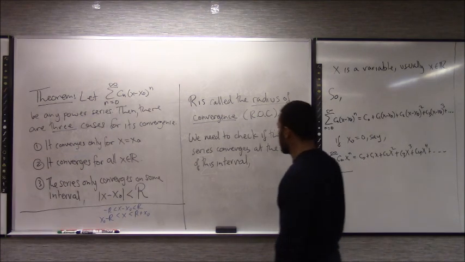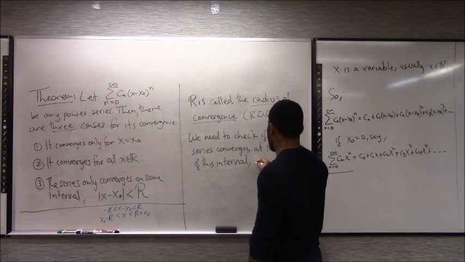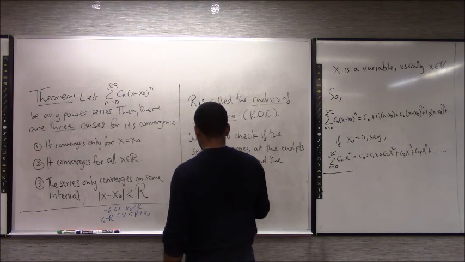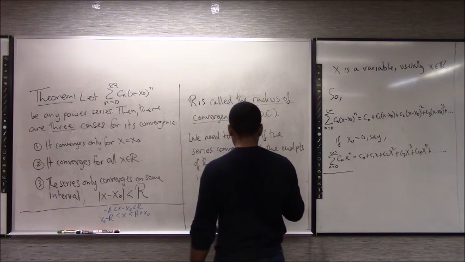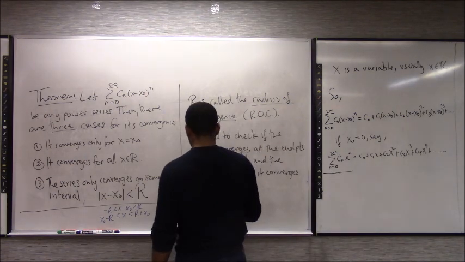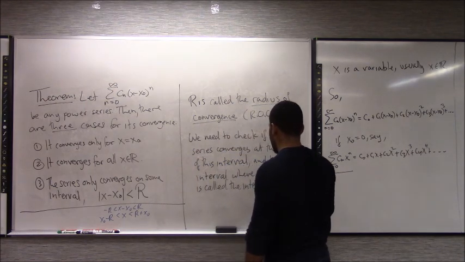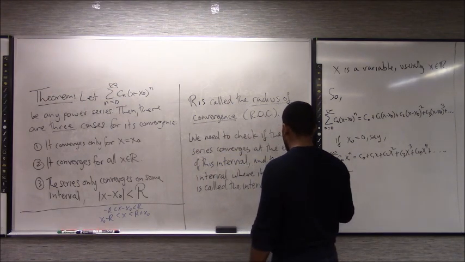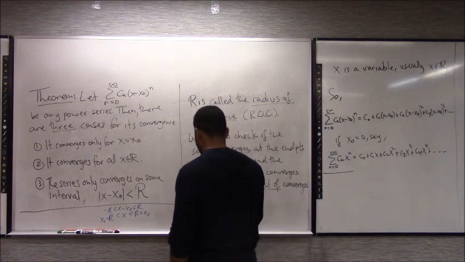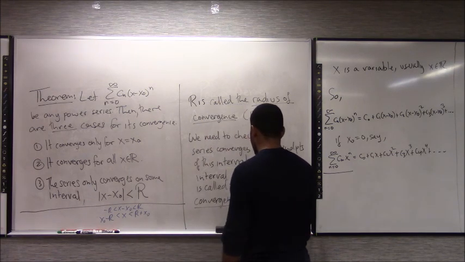So we have to check specifically if it converges at the endpoints of this interval. And the interval where it converges is called the interval of convergence, which I'll abbreviate IOC.